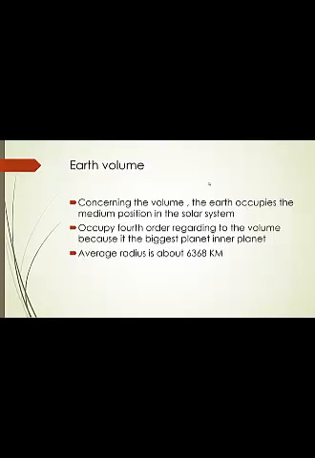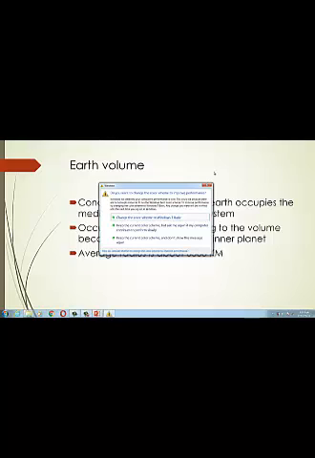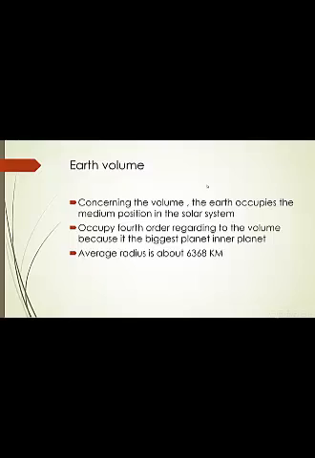Regarding the volume, Earth occupies the 4th order, because when we compare the inner planets, Earth is the biggest planet among the inner planets only, but it is not the biggest planet in the solar system, because the biggest planet in the solar system is Jupiter from the outer planets. The average radius is about 6,368 kilometers.